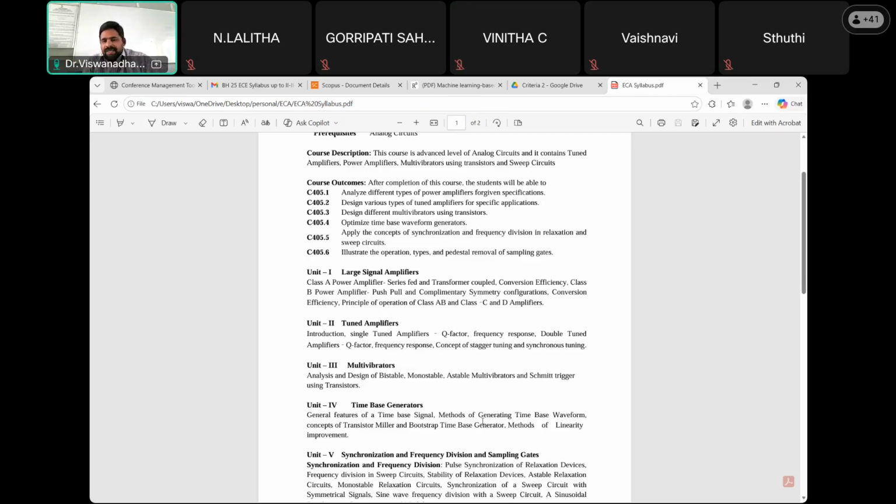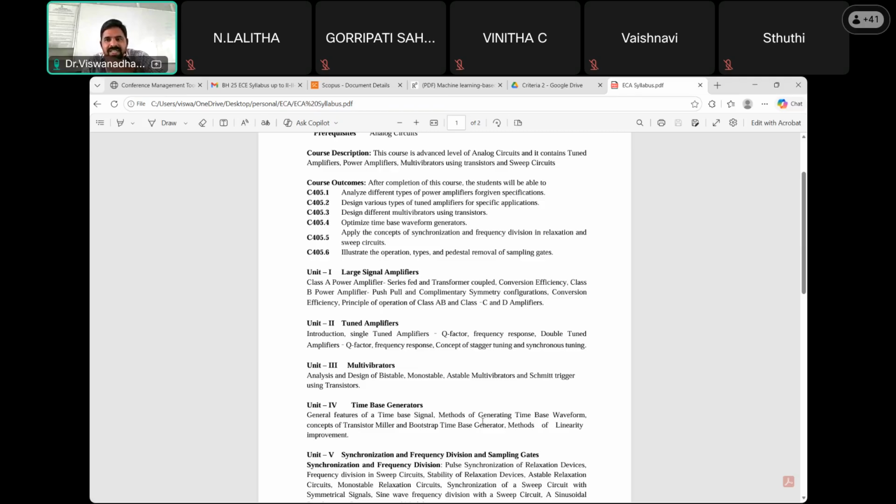Okay, then as usual, you need to go with astable, bistable, monostable, and the Schmitt trigger. Please concentrate on the coupling elements. Many people are mistakenly writing the coupling elements. The remaining circuit is fine, but you make mistakes with the coupling elements.